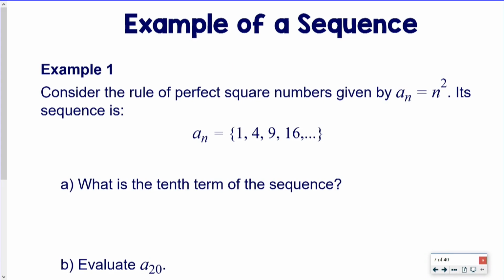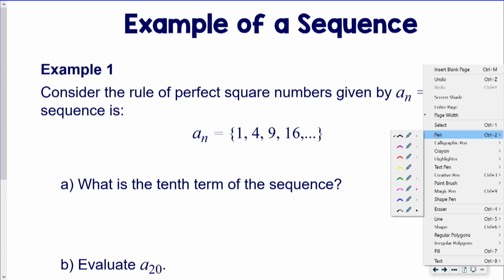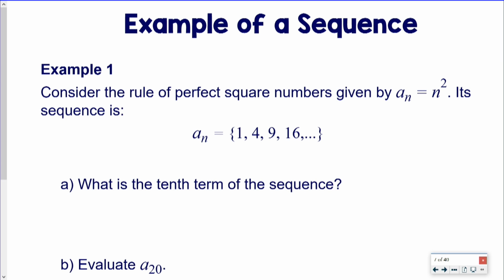Now, some of you have probably already seen the pattern, and that's awesome. That means that we're able to identify the rule of our sequence. My first question states, what is the value of the 10th term? Now remember, when we're referring to a term, we use a lowercase letter with the subscript. In this case, we're looking for the 10th term.